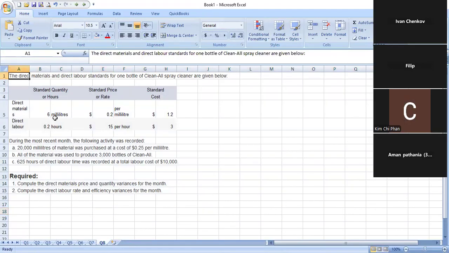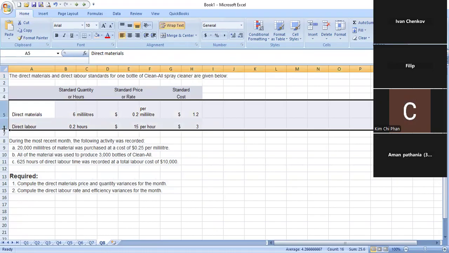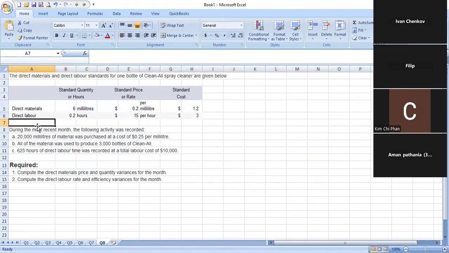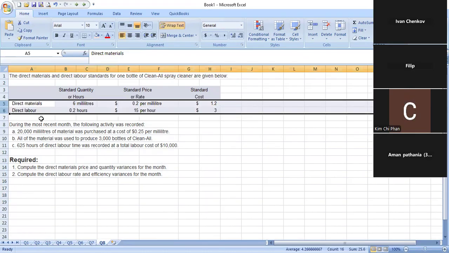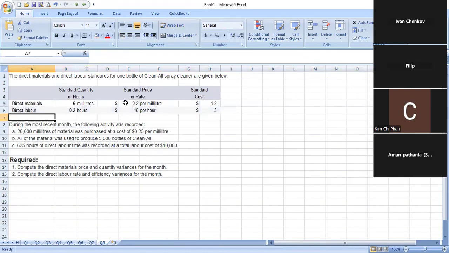So now the direct material and direct labor standards for one bottle of this spray are given below. Let's make it a little bit bigger here. So direct material is that much, direct labor is that much. 6 milliliters at 0.2 per milliliter, or standard cost is 1.2.